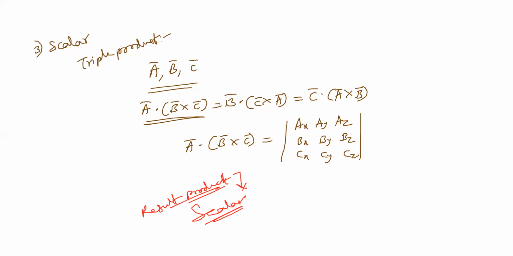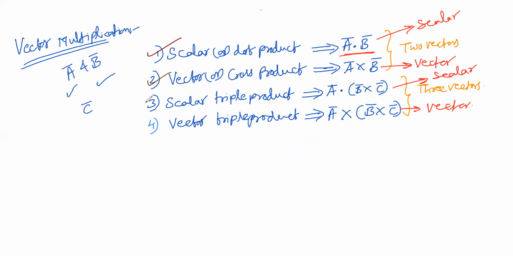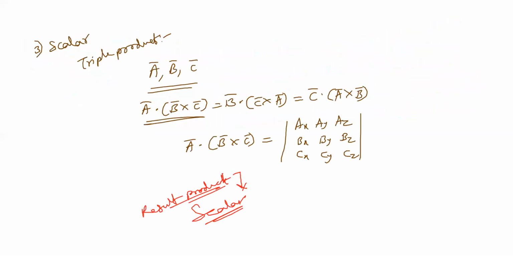Then the fourth one, the last one, is the vector triple product. Here once again we need three vectors A bar, B bar, C bar.